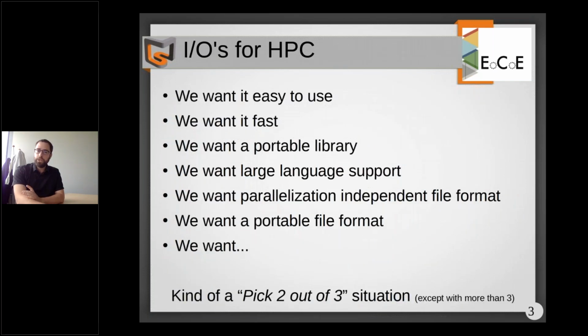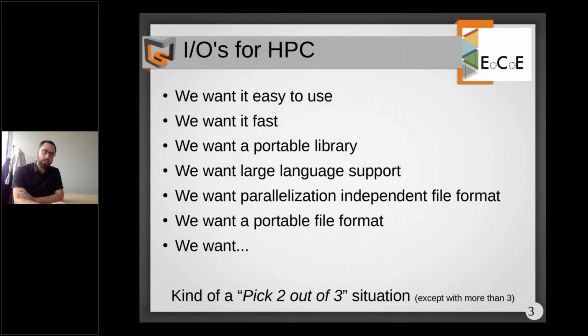The question is which one to use, and when we look at what we want, we want the library to be easy to use. We want it to be fast and offer high performance. We want a library that is easily portable from one architecture to another. We want a library that offers large language support. Maybe our main code is in C, C++, or Fortran, but then we do post-processing with Python.